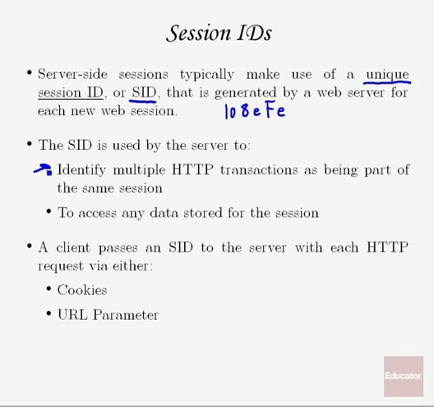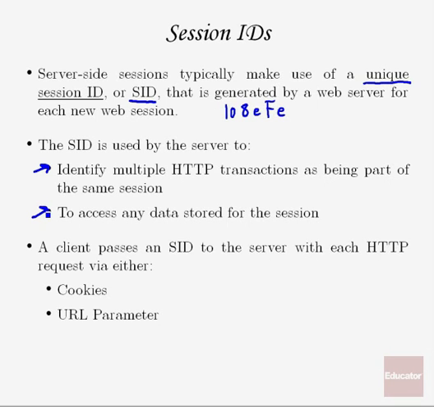For example, when you add multiple items to a cart, the session ID, the SID, is going to be sent to the server with each request every time you add an item to a cart, and the server is going to be able to know by looking at the SID provided that those requests are supposed to be linked together. They're part of the same session.